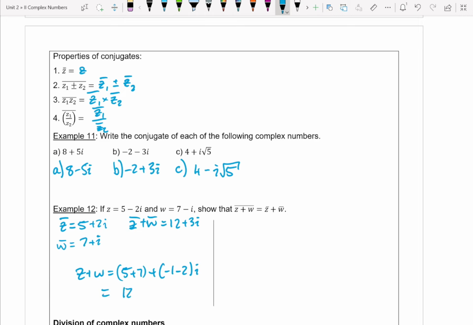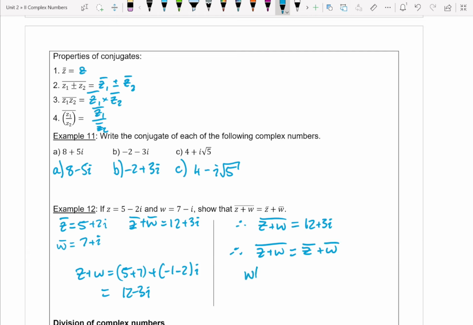That's going to give us 12 minus 3i as we expected. Therefore, the conjugate of the sum is equal to 12 plus 3i, and therefore the conjugate of the sum is equal to the sum of the conjugates.